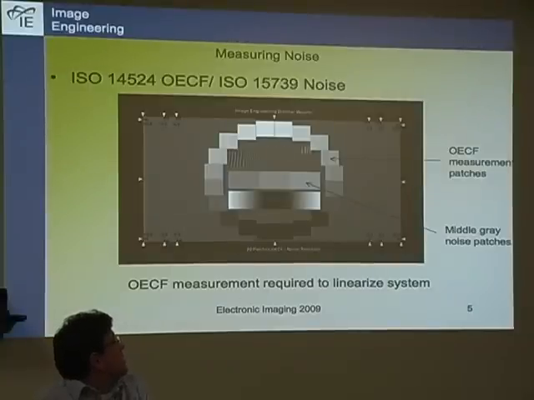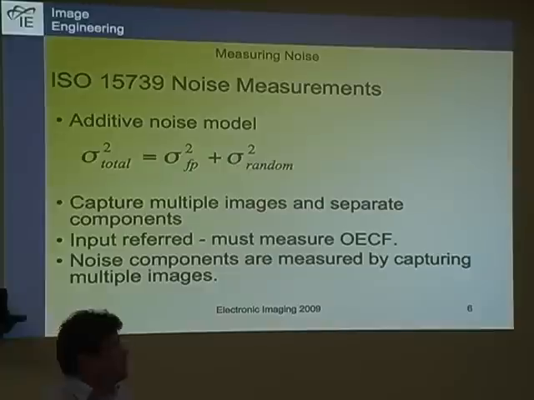It's basically a circular grayscale, and there are some noise patches in the center that are used for measuring a standard number for noise that is then reported as the ISO total noise, which is this one here, which basically is the standard deviation in one of these gray patches.